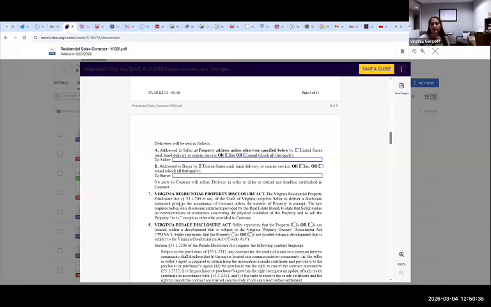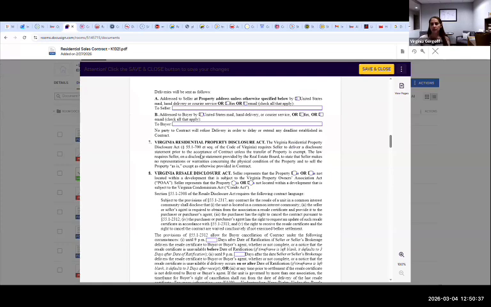Okay. Virginia Residential Property Disclosure Act. The Virginia Residential Property Disclosure Act requires sellers to deliver a disclosure statement prior to the acceptance of contract unless the transfer of property is exempt.